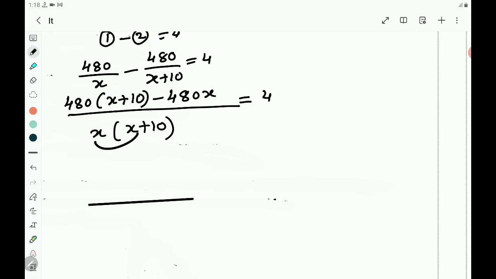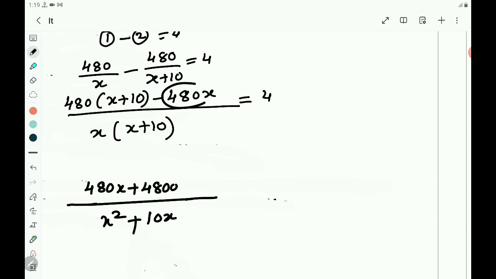It becomes x square plus 10x. In the numerator, 480 into x is 480x, 480 into 10 is 4800, minus 480x, equals 4.